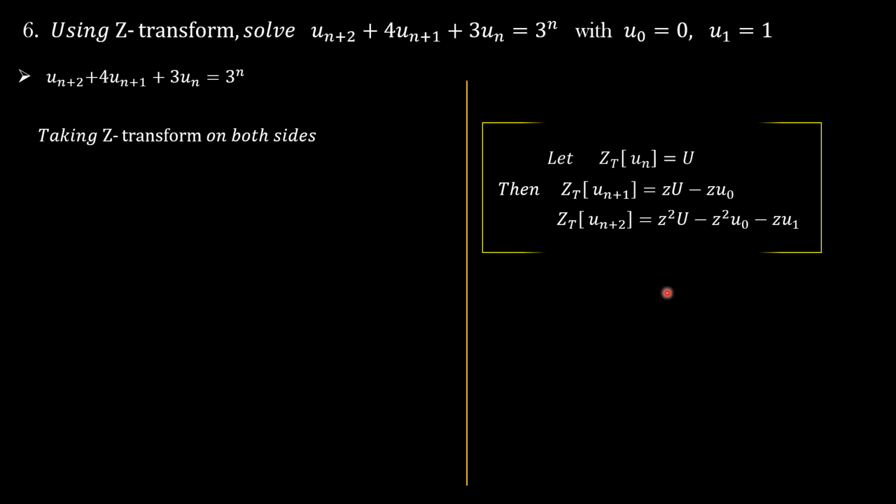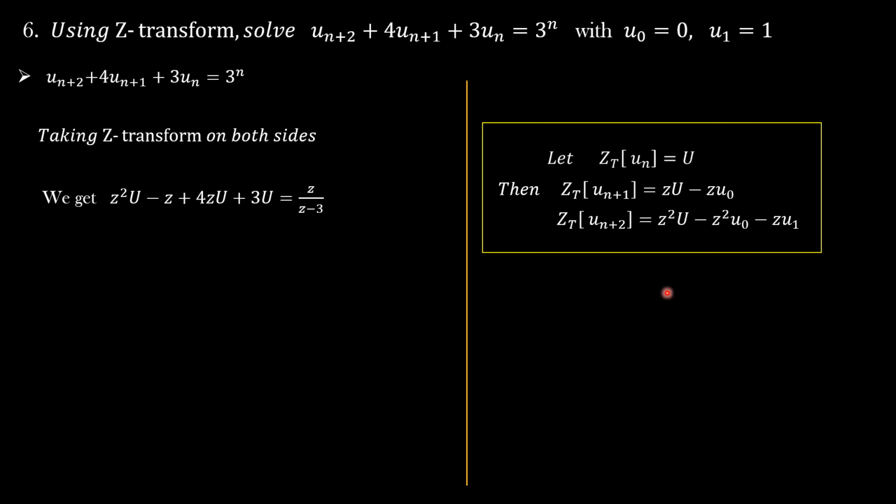By substituting these and using the initial conditions, you will get z²U − z + 4zU + 3U is equal to z/(z − 3).